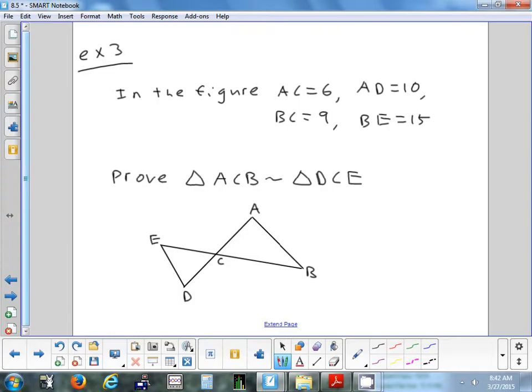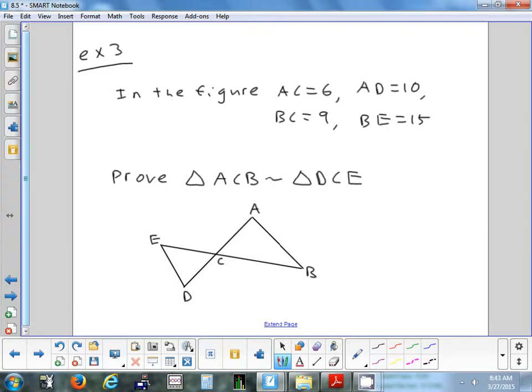Does anybody have a thought, by looking at it, which theorem we might use? Angle-angle similarity, side-angle-side, or side-side-side? What do you think? Connor, which one? I would think angle-angle similarity because we have ECD and BCA.